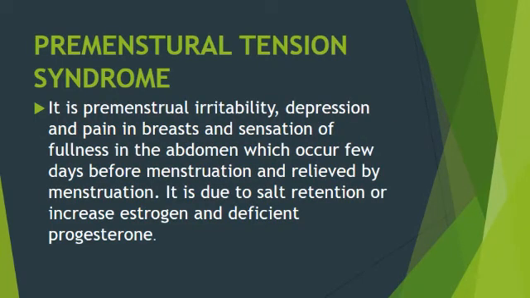Premenstrual tension syndrome, or premenstrual syndrome, is premenstrual irritability, depression, mastalgia, and sensation of fullness in the abdomen which occur a few days before menstruation and are relieved by menstruation. It is due to salt and water retention or increased estrogen and deficient progesterone.